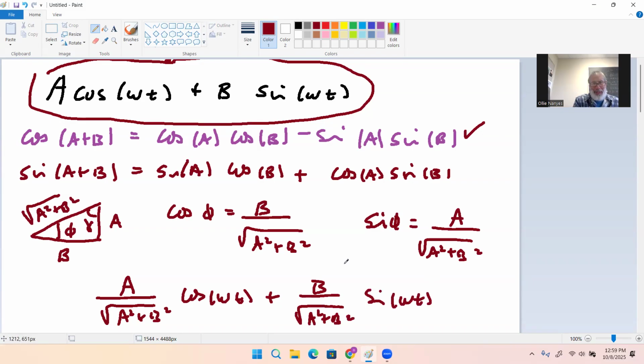Since I did that, I had better multiply by it as well so as not to change the expression. And by the way, this term is going to turn out to be the amplitude.